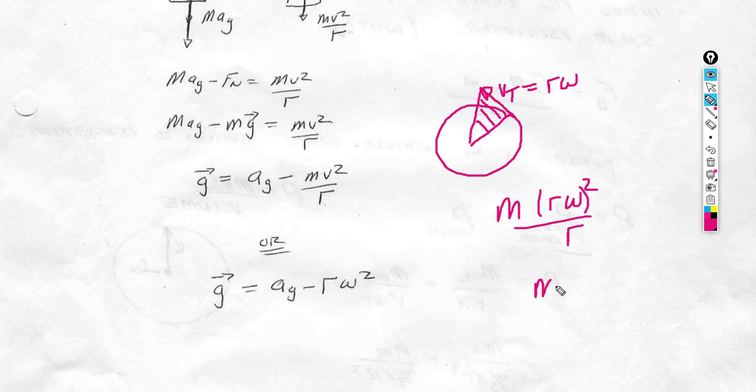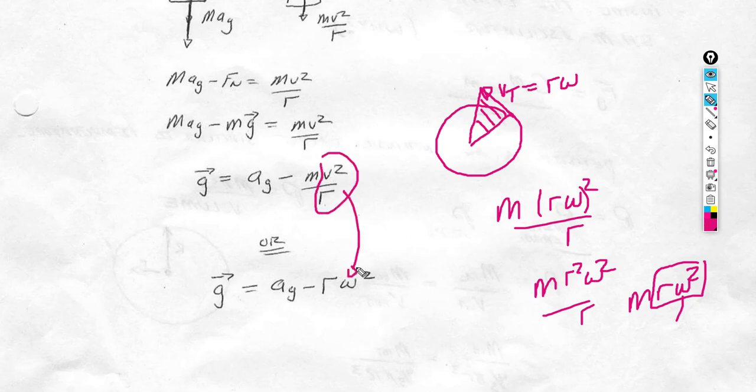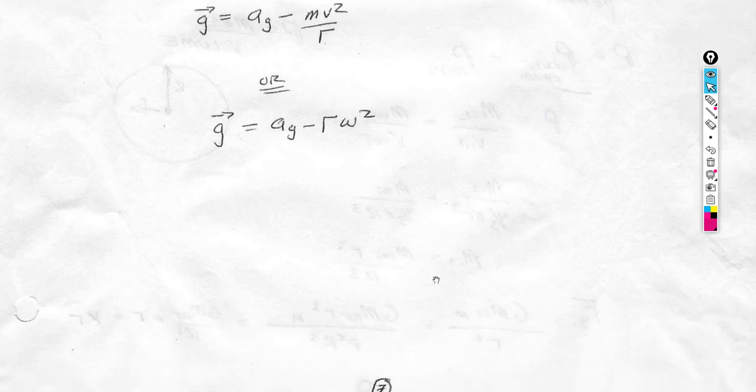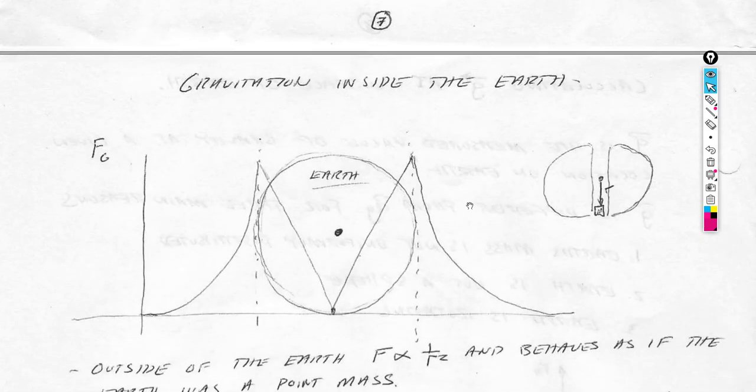So I end up with r squared omega squared over r, so I end up with just m r omega squared, and that's the centripetal acceleration. So that's why we end up with that v squared over r equals r omega squared. So you should be able to go back and forth between that and the rolling chapter.